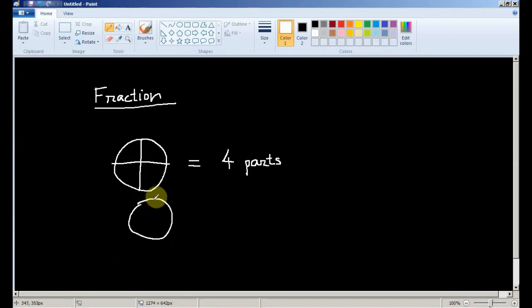If I divide like this and this, 1, 2, 3, and then one more division, I get 4 pieces too. This is also 4 parts, but the problem is they are not equal parts.